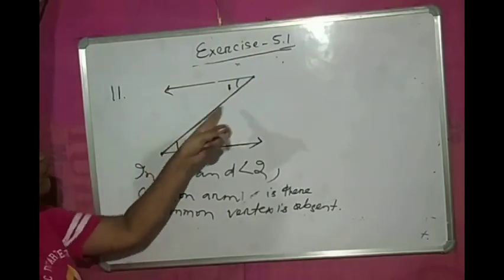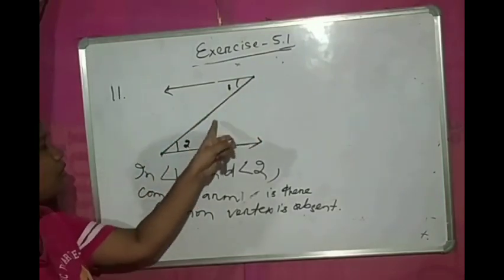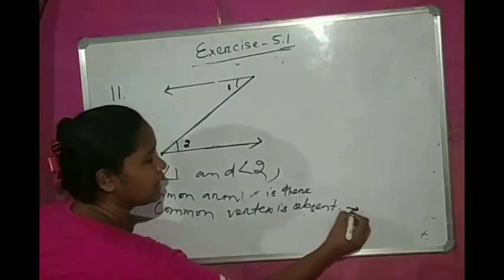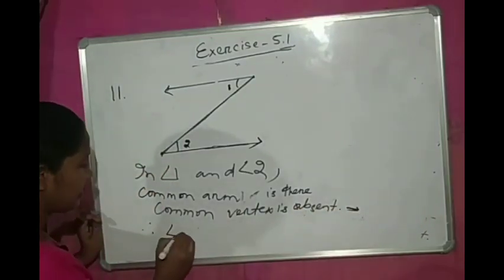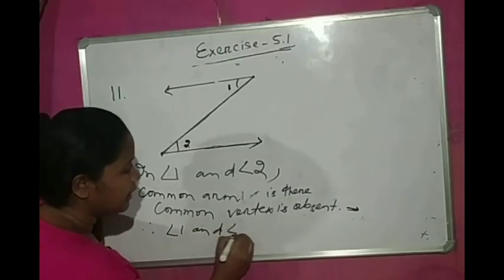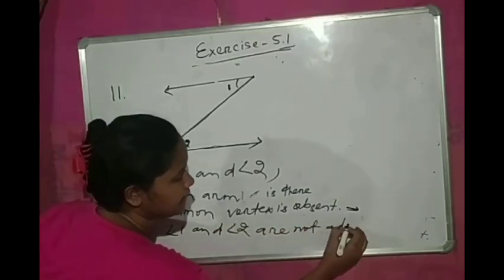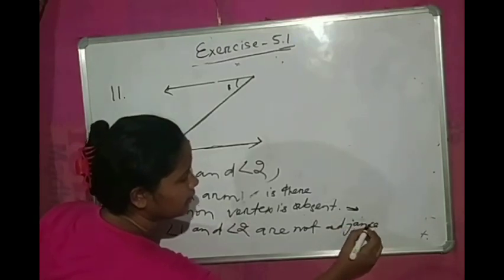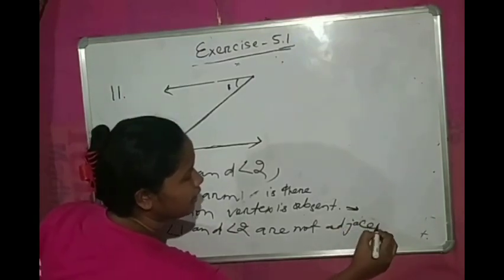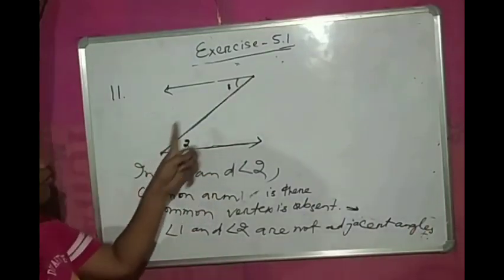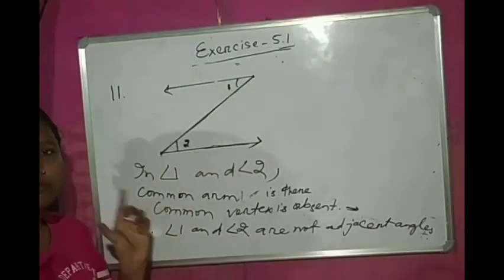Both vertices are different, so they don't have a common vertex. That's why angle 1 and angle 2 are not adjacent angles, because they do not have a common vertex.